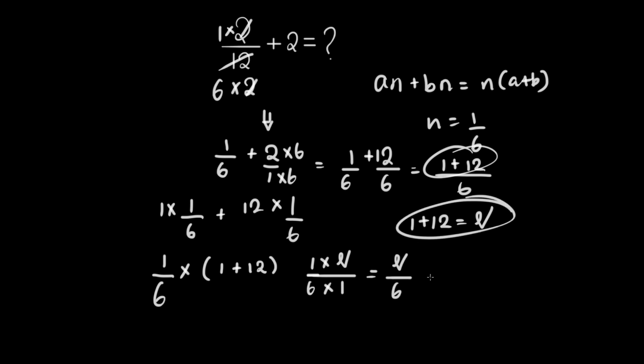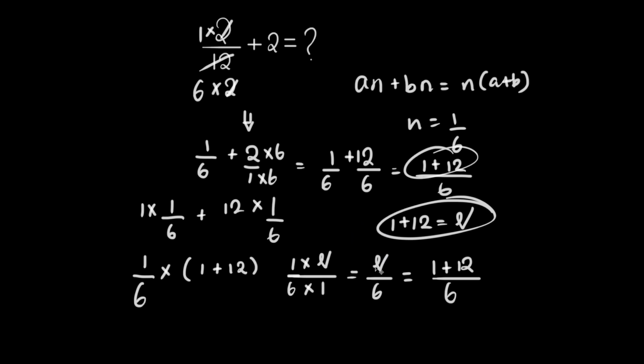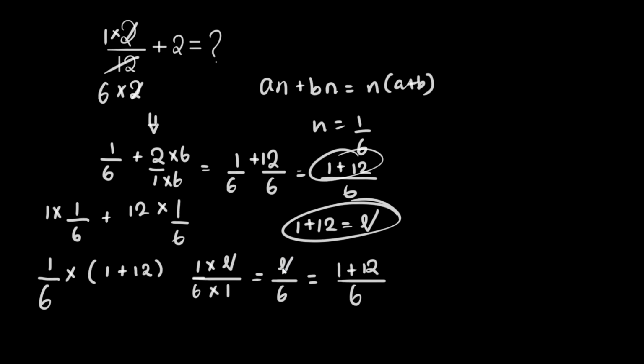We are gonna substitute that. Wait, did we get that thing? Yes, we did the same thing with the help of the distributive property. This is absolutely amazing, my people. So now let's find this out. It's 13 by 6. Now you can go ahead and find its decimal form, but I'm not gonna do that.